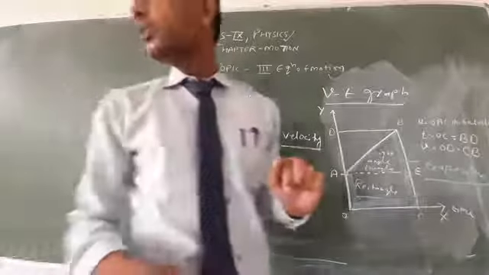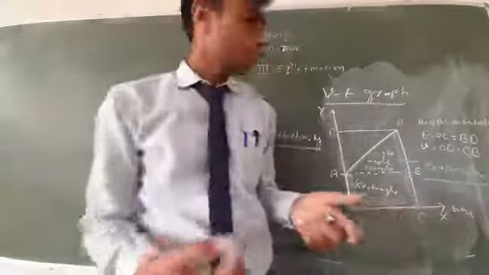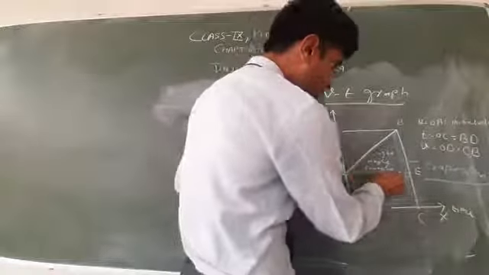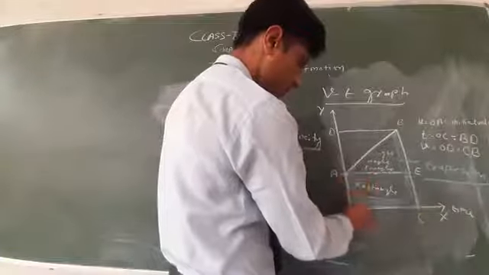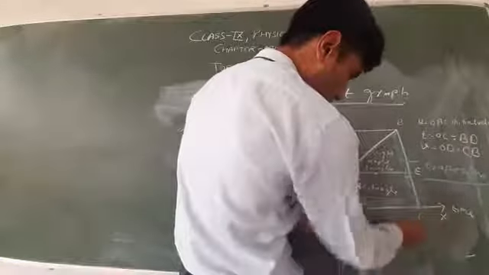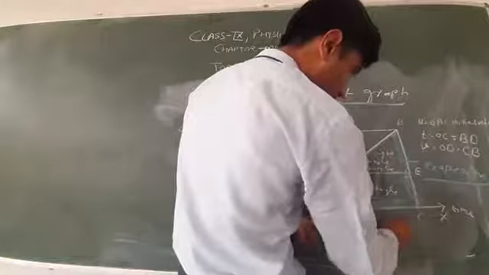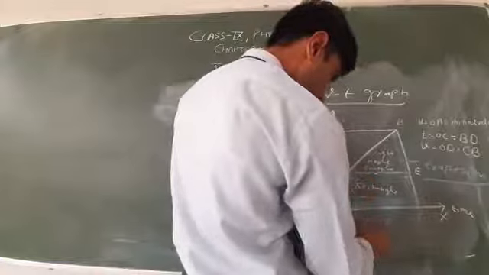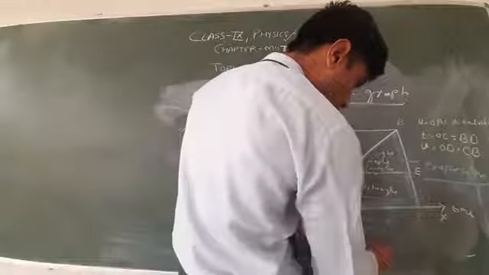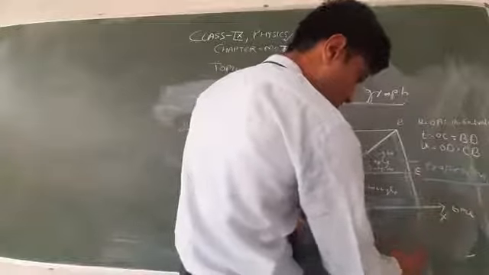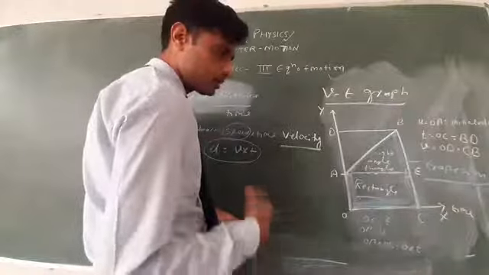If you want to find the area of this rectangle, this length OC represents time and this breadth OA represents velocity. So the area is equal to OA into OC. It means V into T. This is the area of the rectangle.